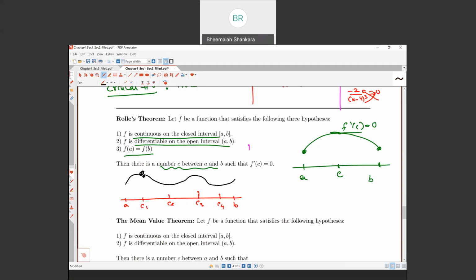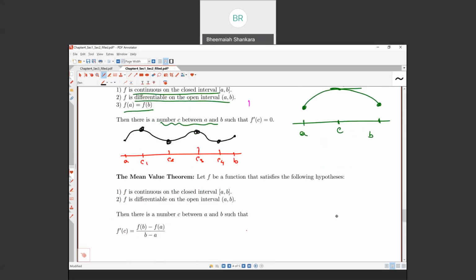So at c1 you will be able to draw a horizontal tangent, at c2 again, at c3, and then c4. So at these 4 points the derivative of the function will be 0, and the endpoints are included in this graph.